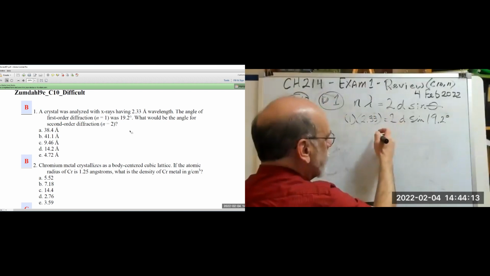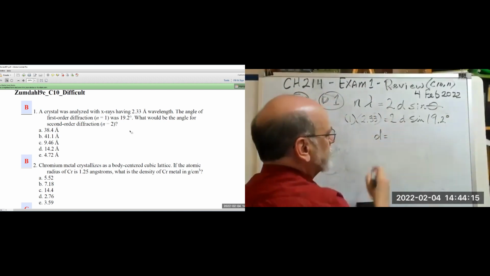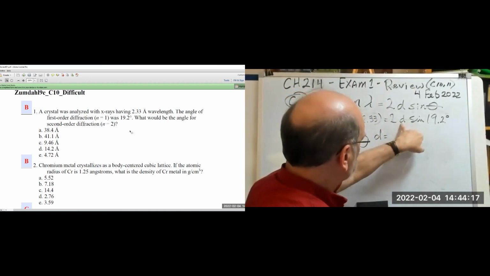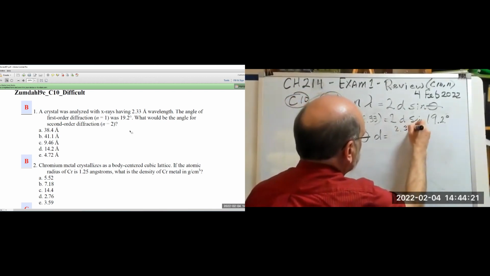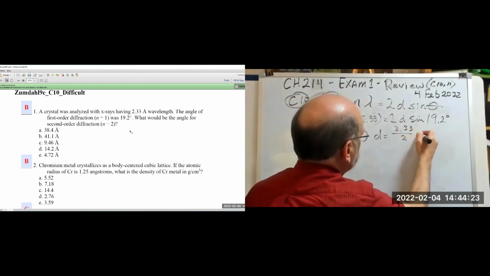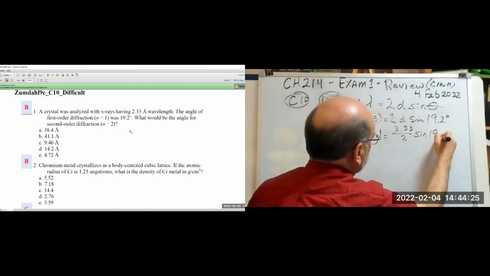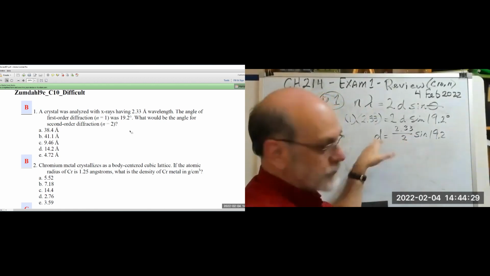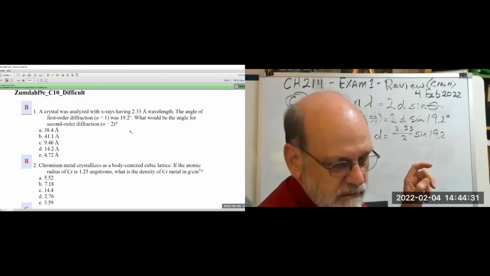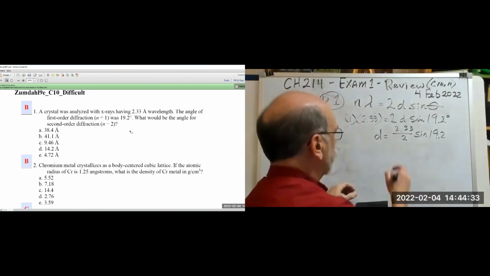Now we solve for d. So d equals 2.33 divided by 2 times sine of 19.2. When we solve that equation for d, we get 3.54 angstroms.